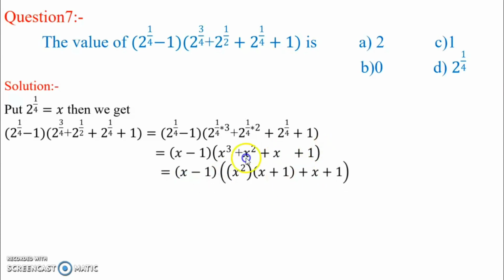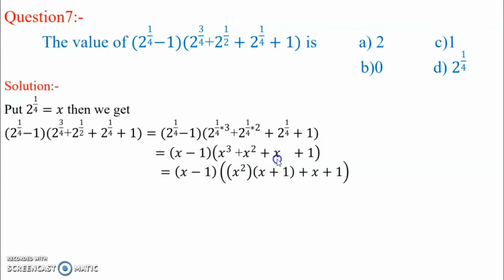Now how have I done this? You can see that over here you have x cube and x square. So what is common over here? x square. While taking common, take the least power. You have x cube, here you have x square, so the common term will be x square.